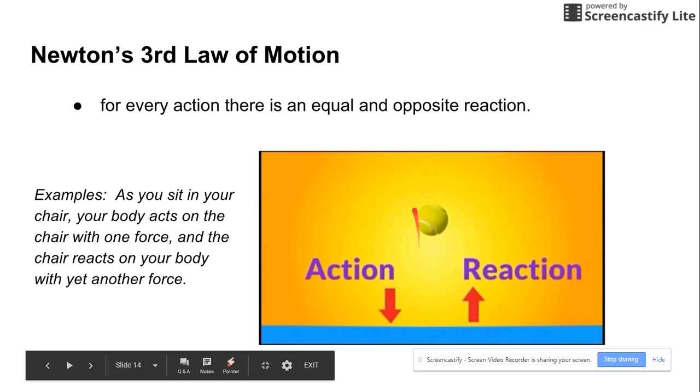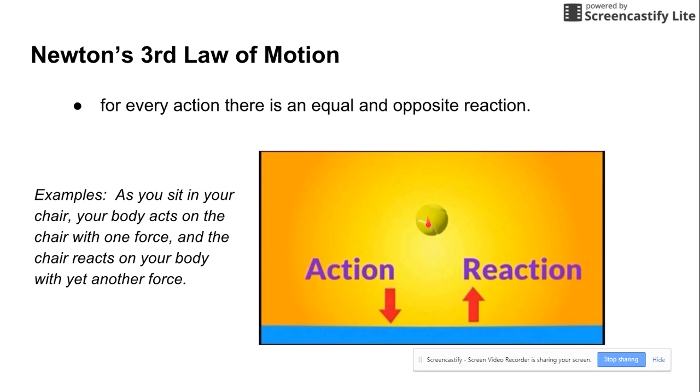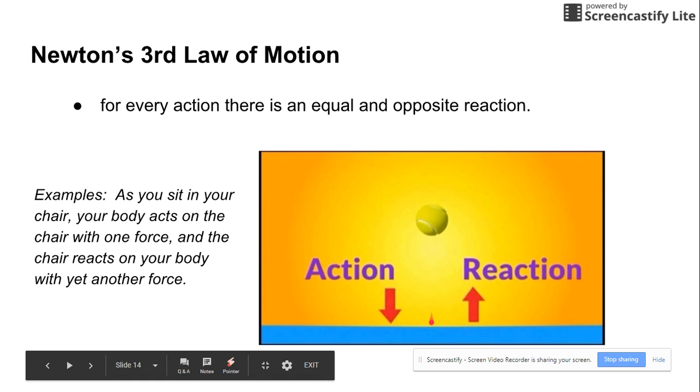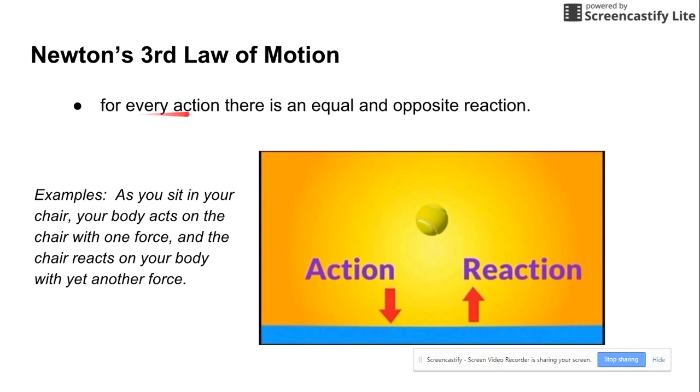It's going to bounce right back up, right? So that's our reaction. Our action is dropping it. That's gravity, right? Pulling it down to the ground. And then our reaction is, as soon as it hits the ground, it bouncing back up. For every action, there's an equal and opposite reaction.